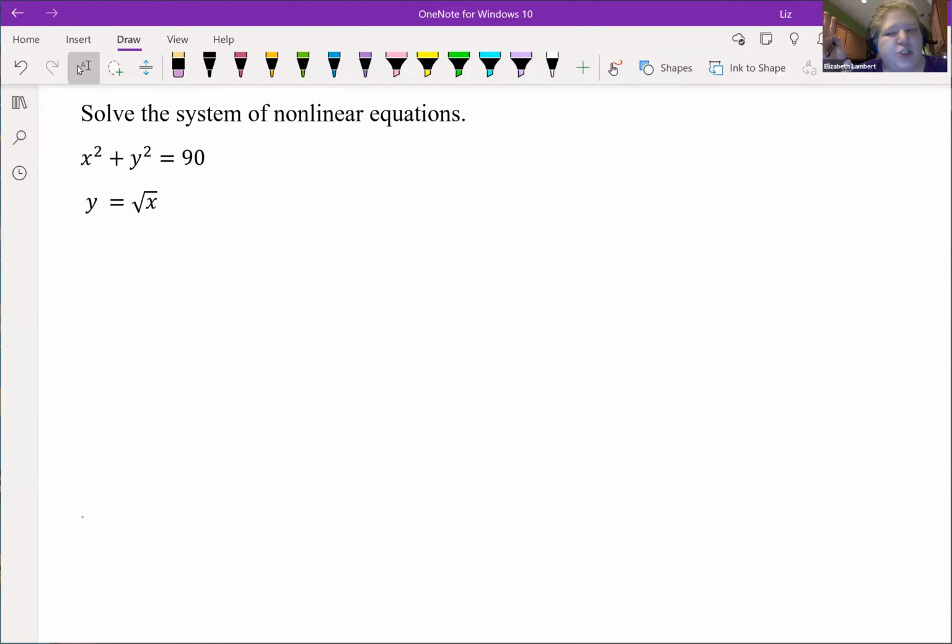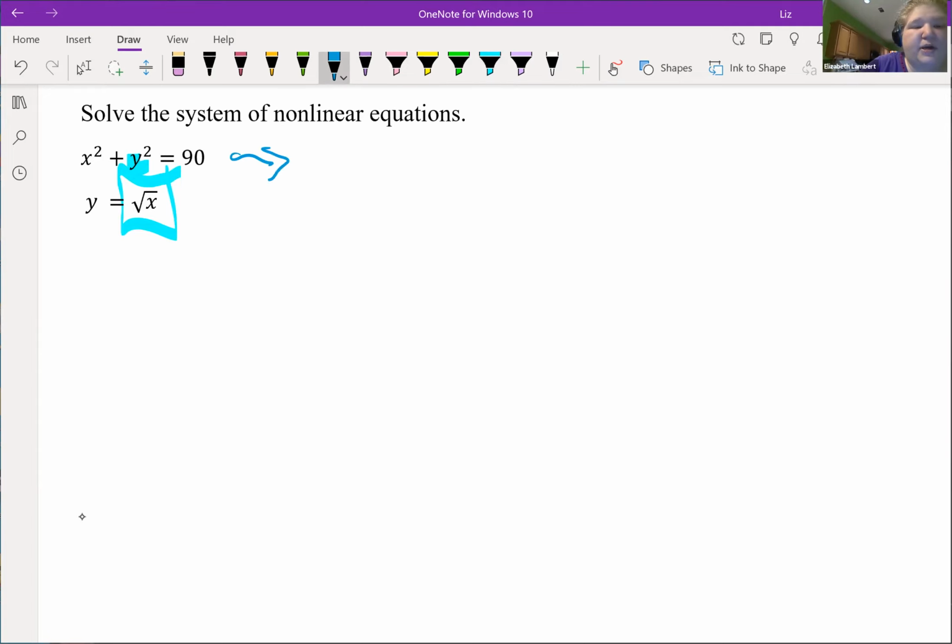Substitution, like if you're not sure, go with substitution, plug in what you got. So in this case, I have y equals the square root of x. Well, it's already solved for y. Why not just go with it? So I am just going to take this square root of x and put it in place of that y.